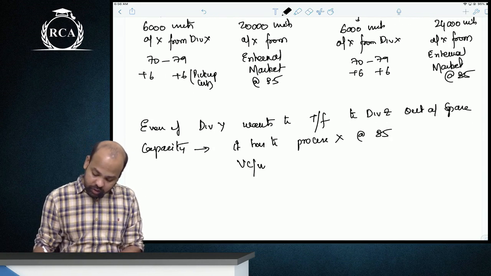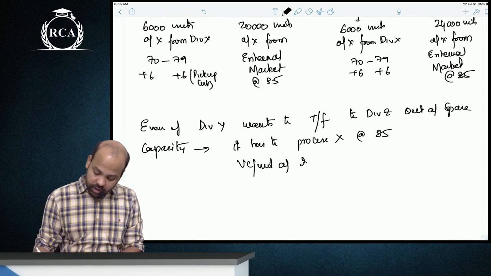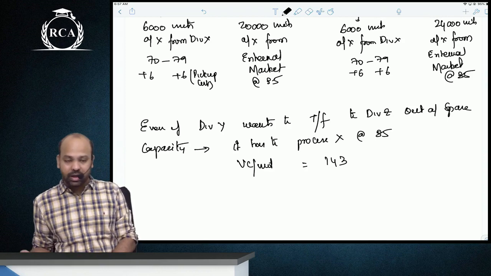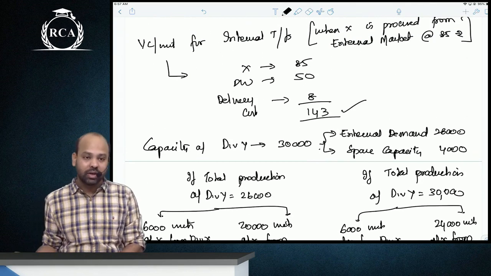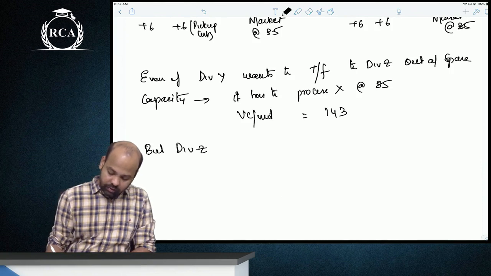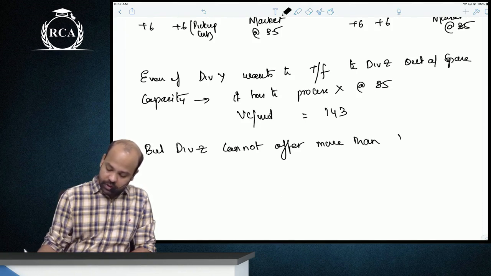So the variable cost per unit, guys, of internal transfers would be 143. This is what we've computed now, guys, variable cost per unit. But division Z cannot offer more than 135.